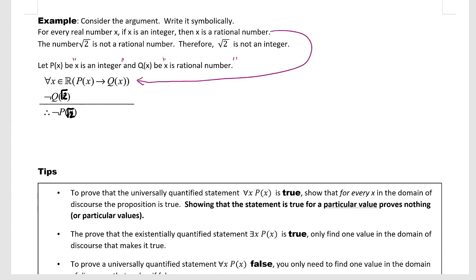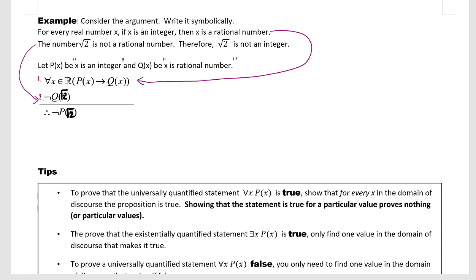The second says square root of 2 is not a rational number, which gives us not Q of square root of 2. Therefore, square root of 2 is not an integer, so not P of square root of 2. Let's prove this argument.